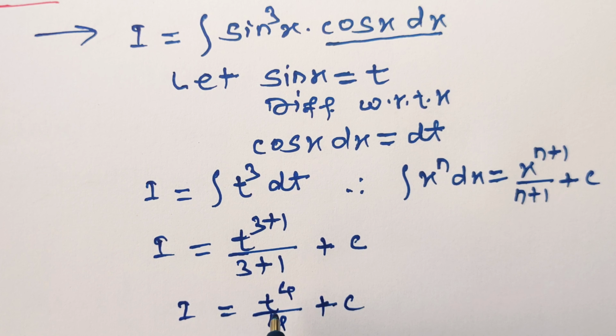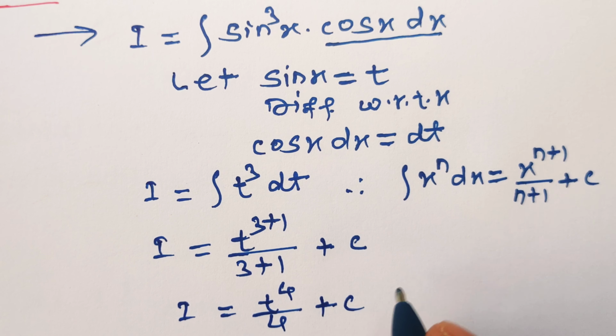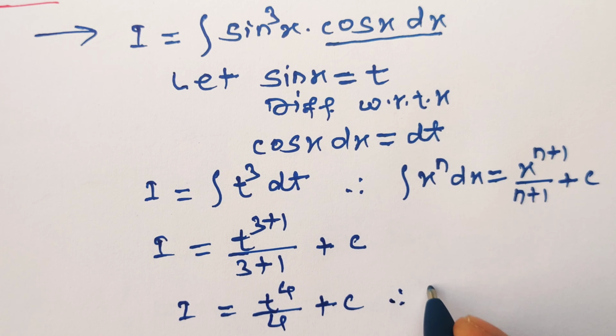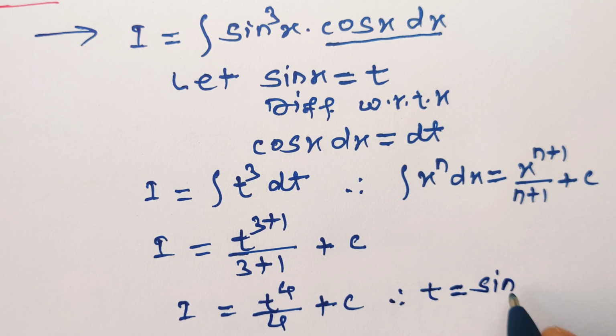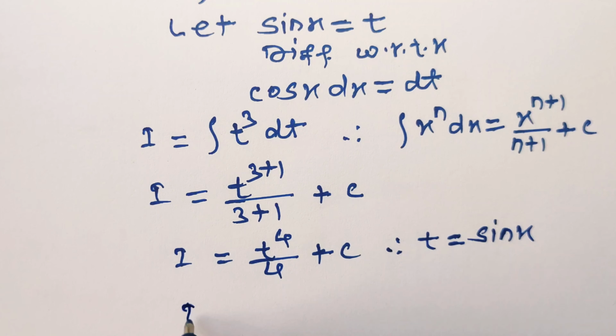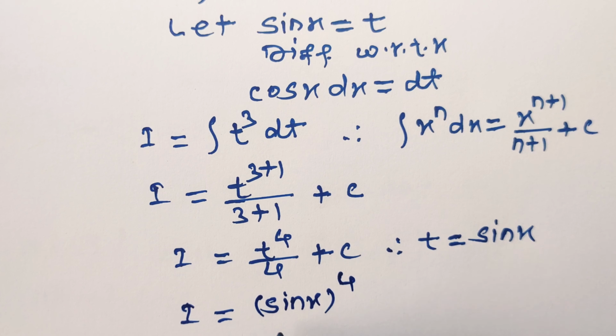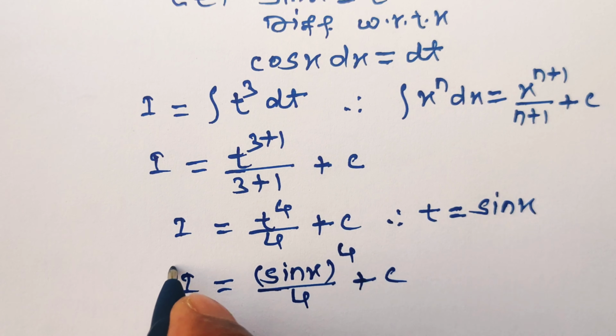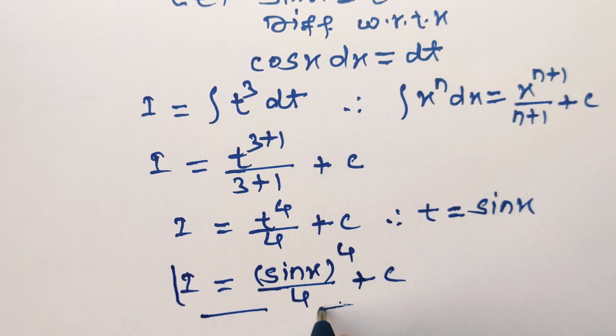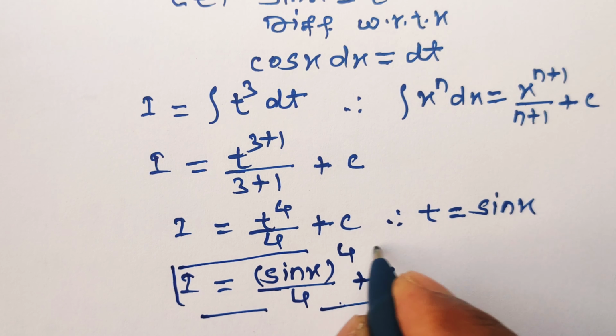We want old variable, that is x. So replacing t by our substitution sin x. Hence I is equal to 4th power of sin x divided by 4 plus integral constant c, and this is the value of the given integral.